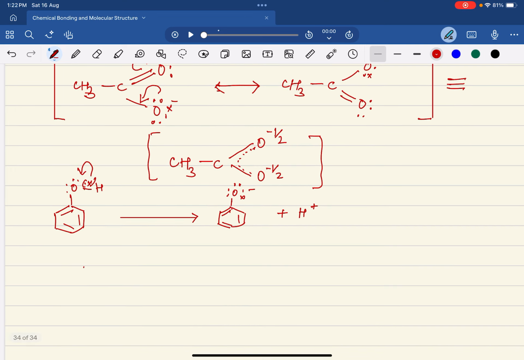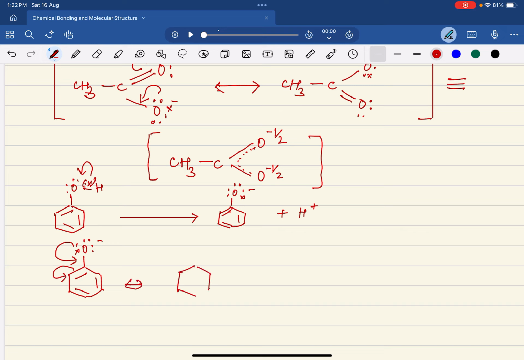So, phenoxide ion is again resonance stabilized. In this case, oxygen's pair of electrons shifts on this side due to the plus R effect, and this one shifts on this side.